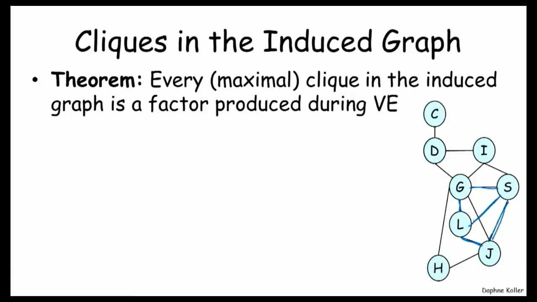And now let's consider the run of variable elimination. One of those variables has to be the one to be eliminated first. So some variable in this clique is first to be eliminated.